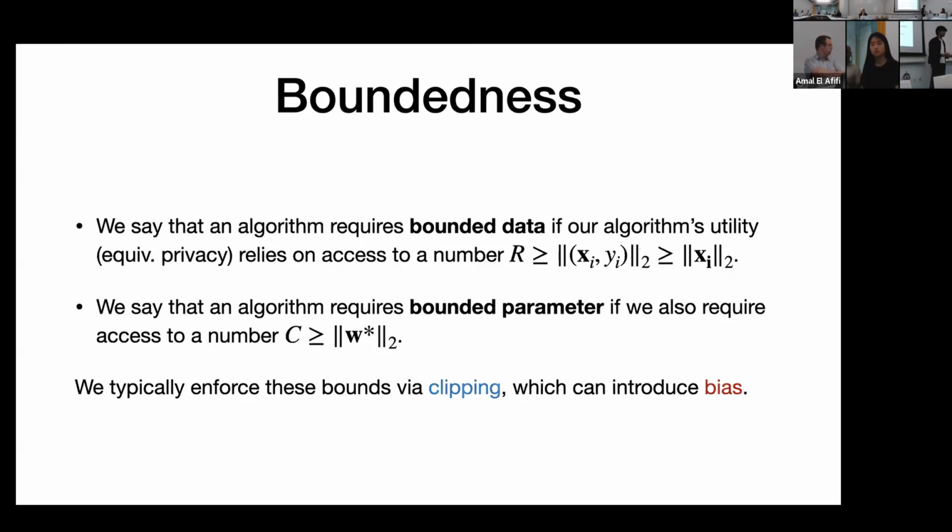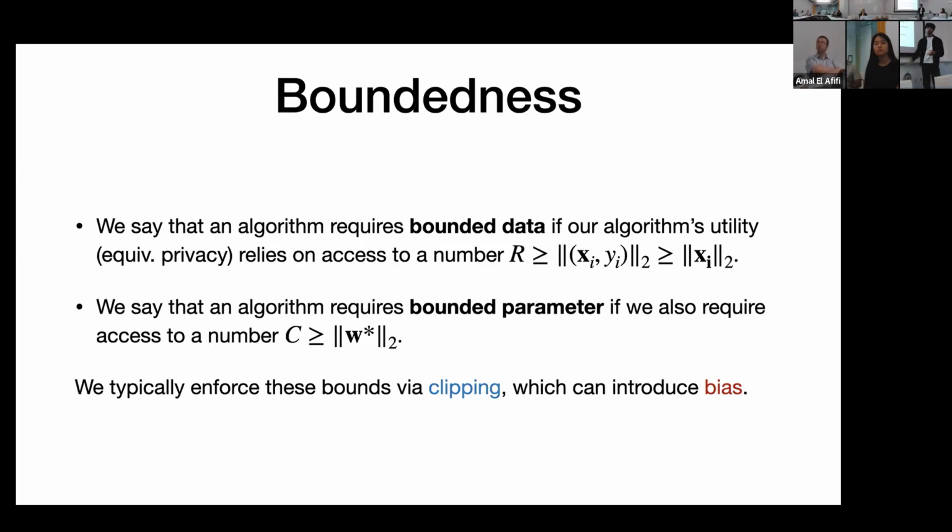To talk a little more about boundedness, we say that an algorithm requires bounded data if the accuracy guarantee, or utility guarantee, and if you want to translate it into a privacy guarantee, also, relies on access to a number R that upper bounds either the joint norm of both the covariate and its response variable, or just the covariate itself.